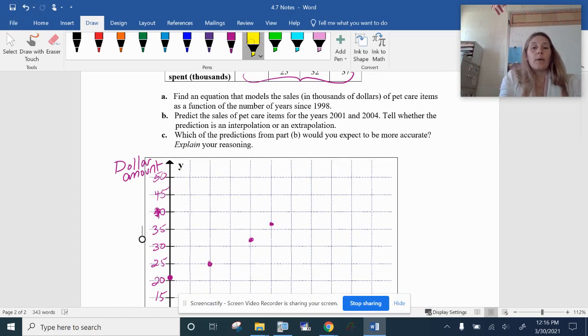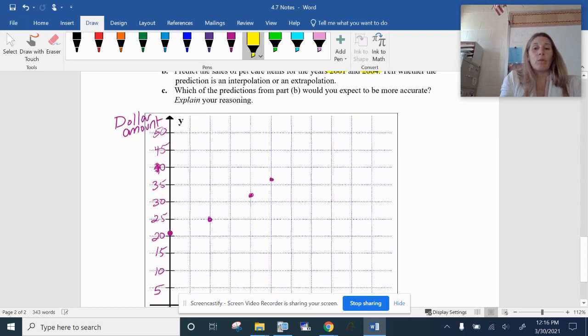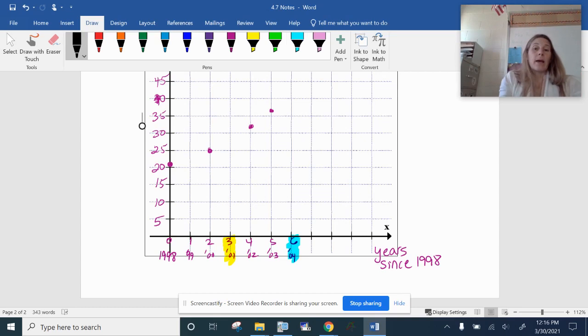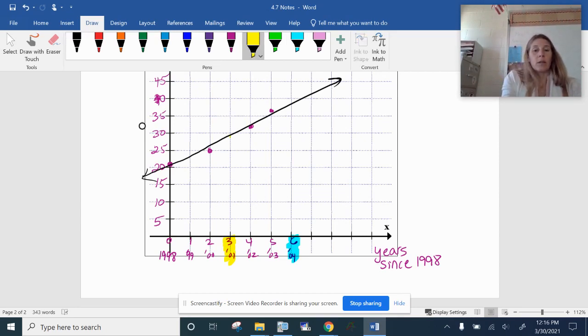Predict the sales of pet care items for the years 2001 and 2004. So the year 2001, we need to make a prediction there. And then the year 2004, we're going to make a prediction there. Okay, so first I'm going to draw my line of best fit. Okay, not the straightest line, but you get the idea. So this one here is 2001.